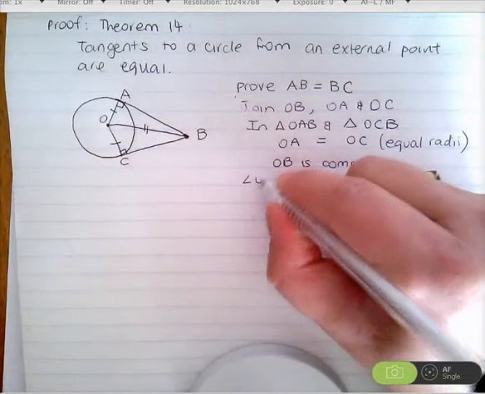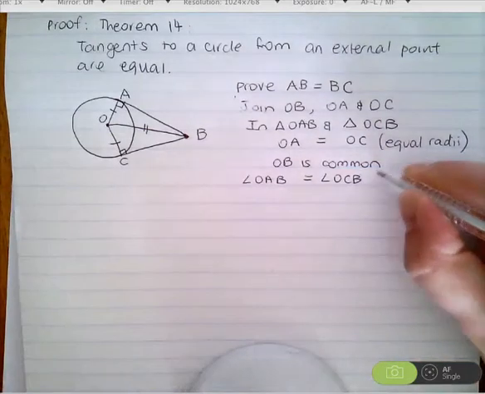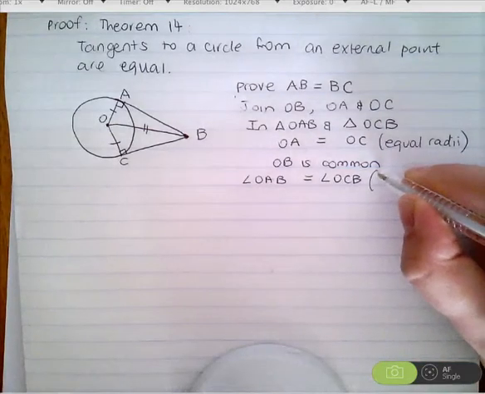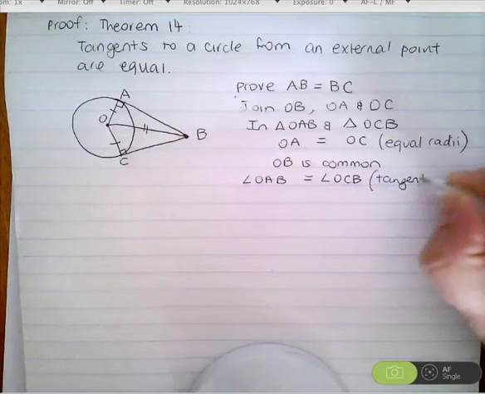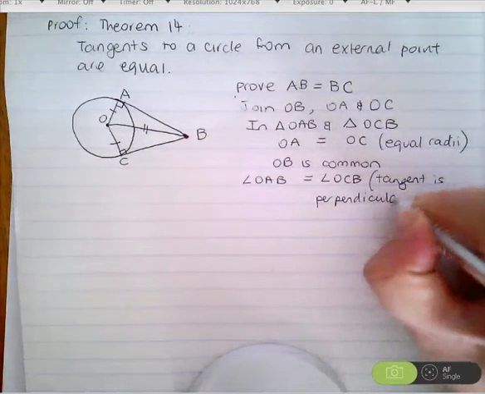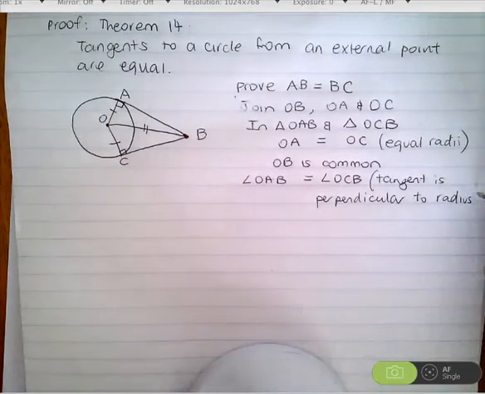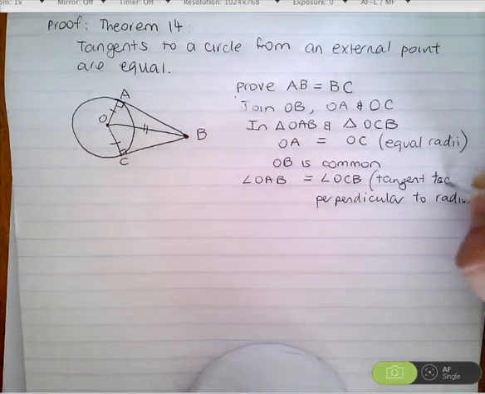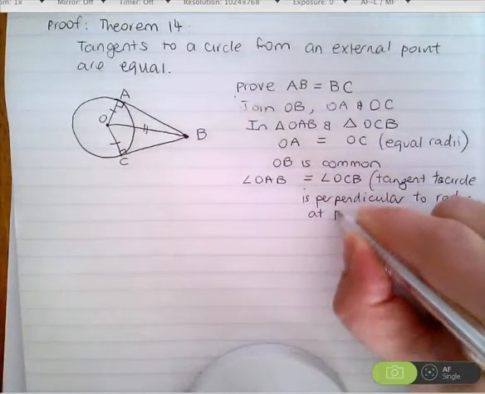So we've got that angle OAB is equal to angle OCB, reason: tangent is perpendicular to radius. Okay, so I suppose you can write tangent to circle is perpendicular to radius at point of contact.